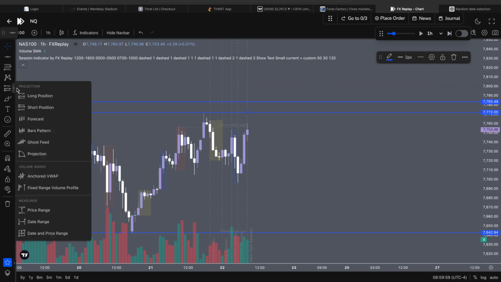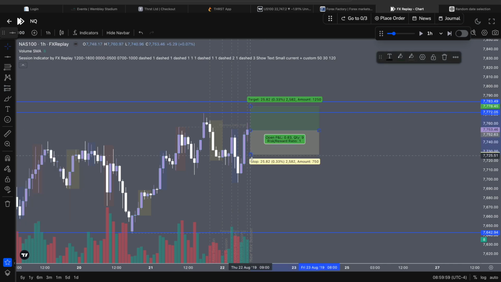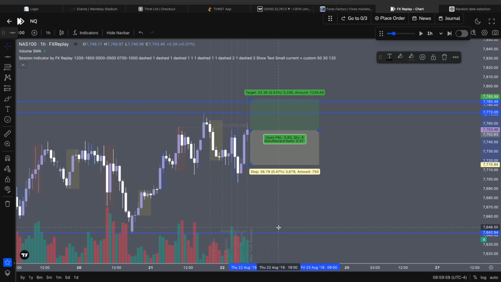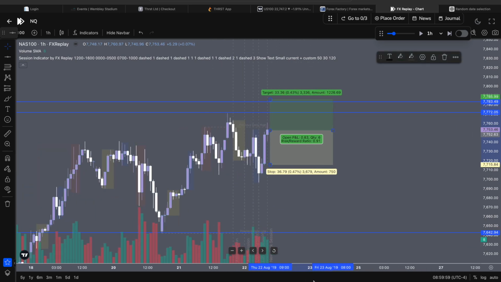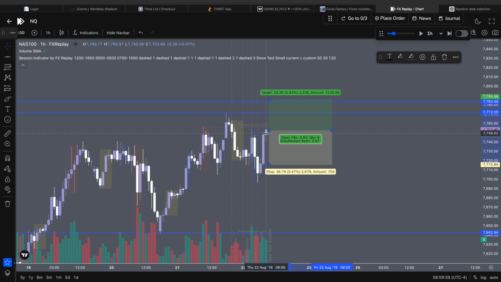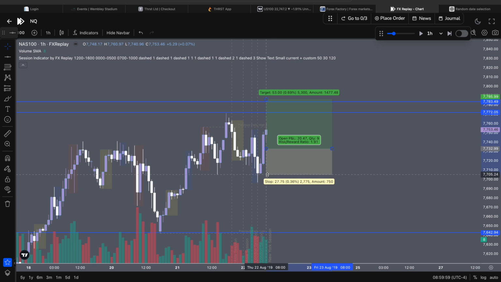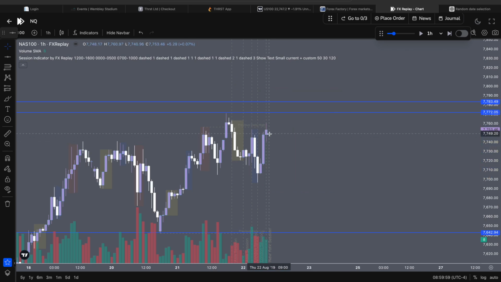If you're swing trading, you can go long here, sell here, and target here. But that's the thing I don't like about these swing trades, man. Unless maybe 9:30 manipulates lower here, and then we can get an entry here, and put the stop here or here, and then target it. That would be good. But let's see what happens.